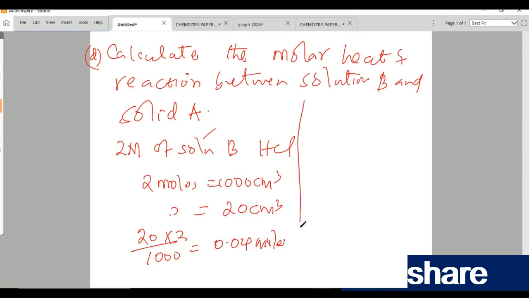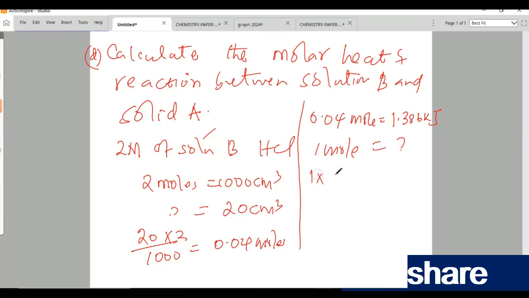Now the next thing we want to find out is if 0.04 moles was able to produce 1.386 kilojoules, 1 mole, because molar means 1 mole, will be what?